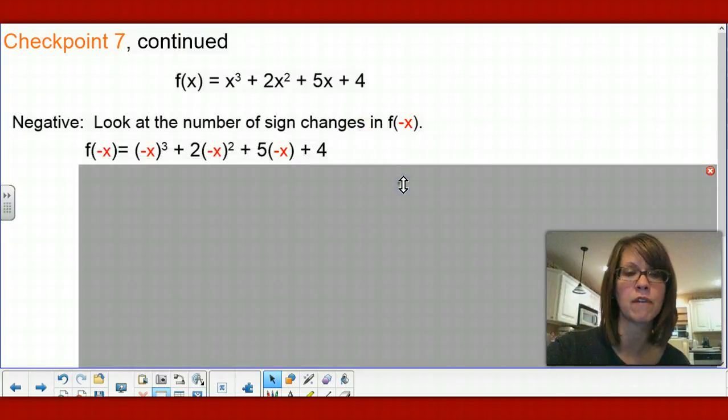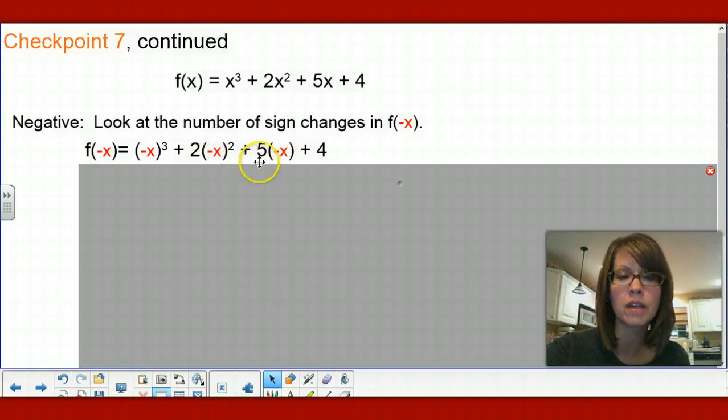Here's what I mean by f of negative x. In f of x, we're going to substitute a negative x for every x, and then simplify. Looking back here, 5 times negative x will be negative 5x, plus 4 still back here. In negative x squared, the squared will get rid of the negative, so this one's still going to be positive 2x squared.